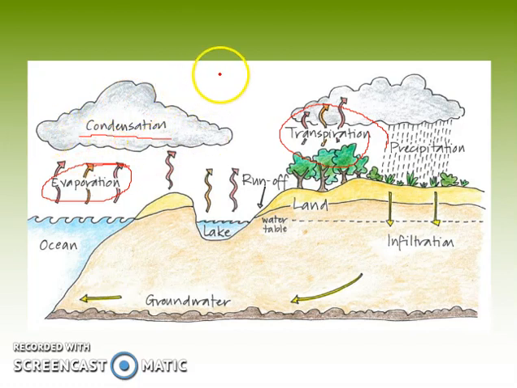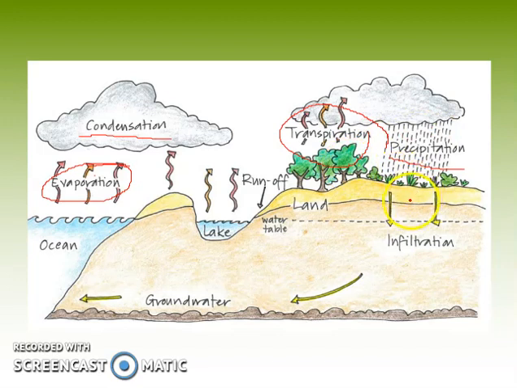Condensation is when water turns back to a liquid, from gas back to a liquid. If there's enough liquid, we get precipitation. Precipitation is rain, sleet, snow, hail, any form of water coming from the atmosphere.